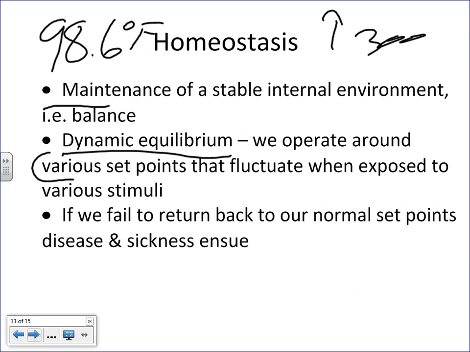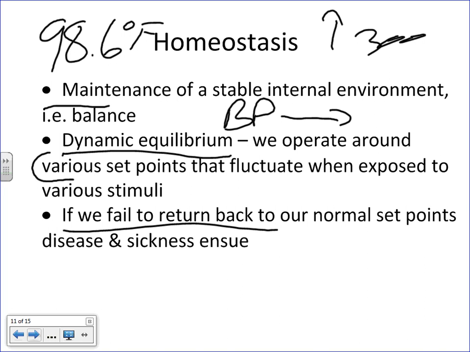Okay, and as I mentioned earlier, if we fail to return back to our normal set points, this is where disease and sickness occurs. For example, blood pressure. Blood pressure does go up if you're sitting down for a long period of time and then you stand up and start to walk or run or move around. Your blood pressure is going to go up to meet the increased demand on your body. But as we age, blood pressure does tend to rise, okay?